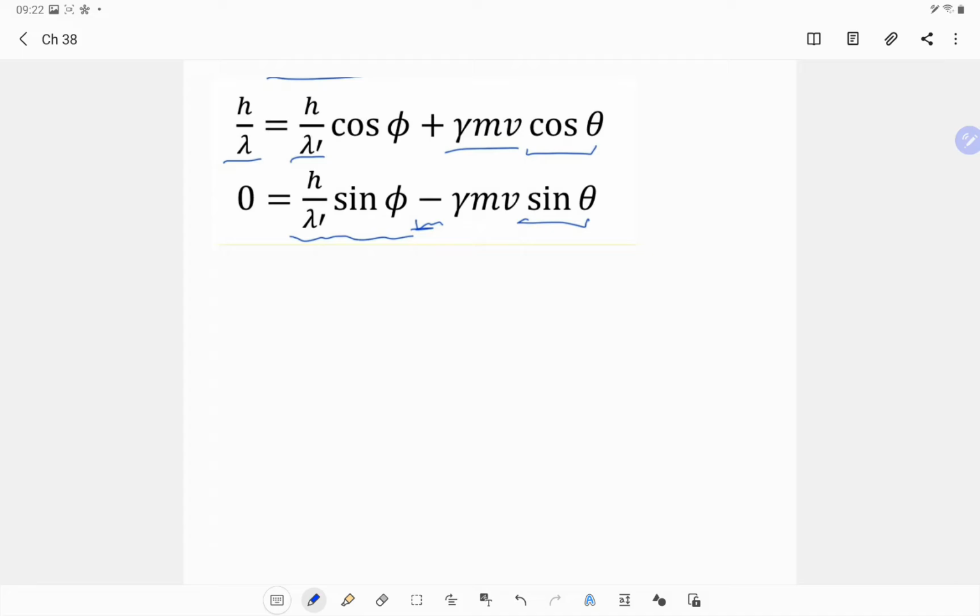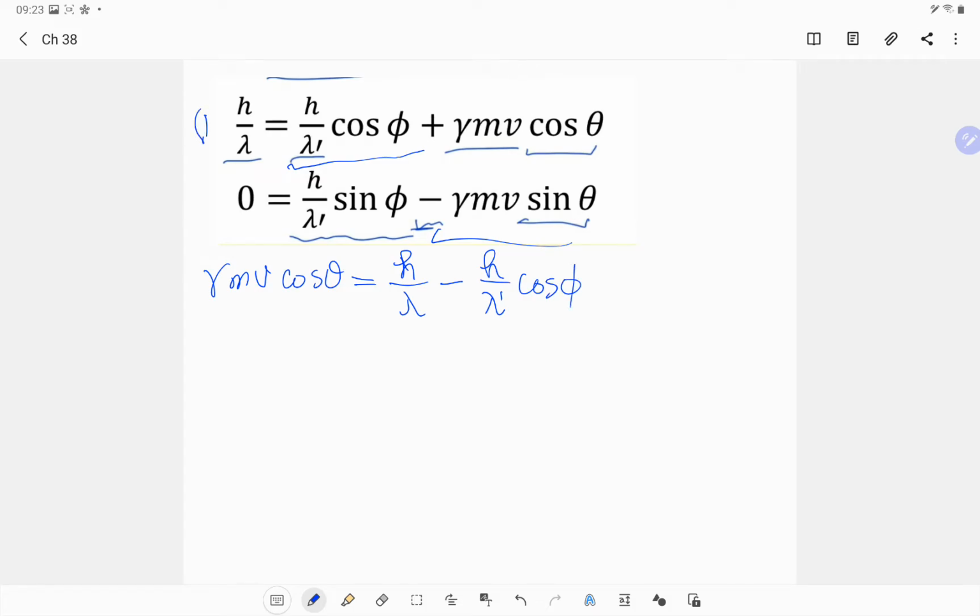Yeah. So actually we can just move this term to the left side, and move this term to the left side. So we have gamma mv cosine theta equals h over lambda minus h over lambda prime cosine phi.